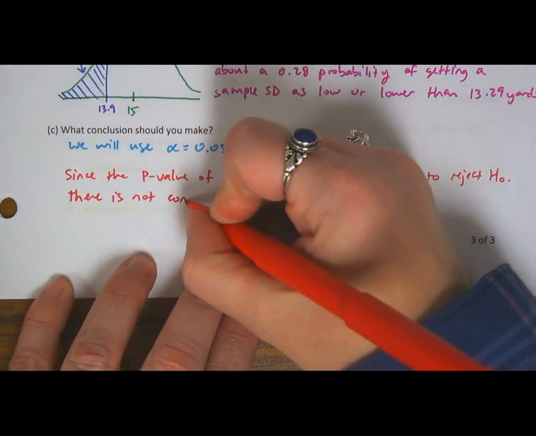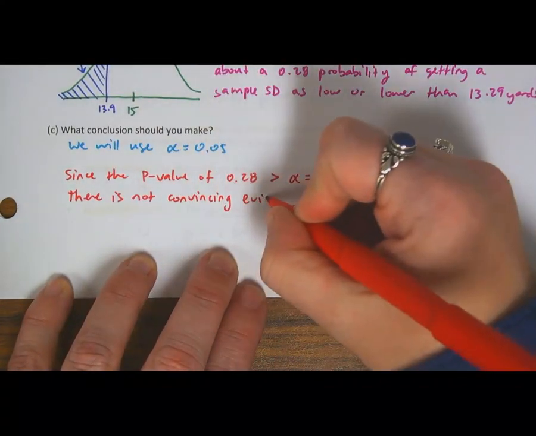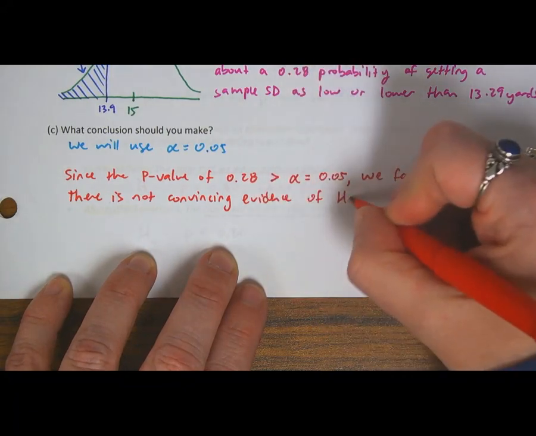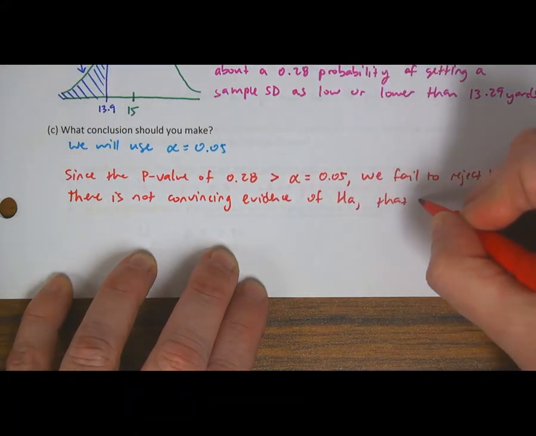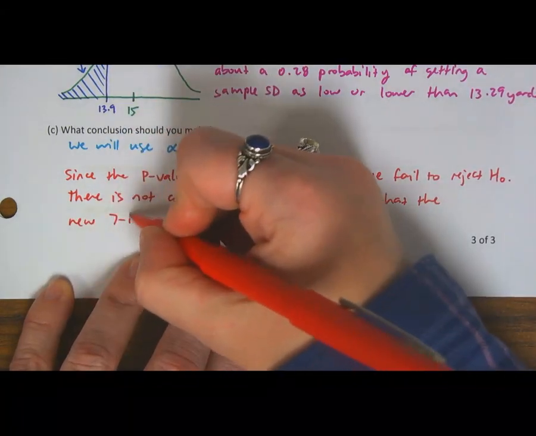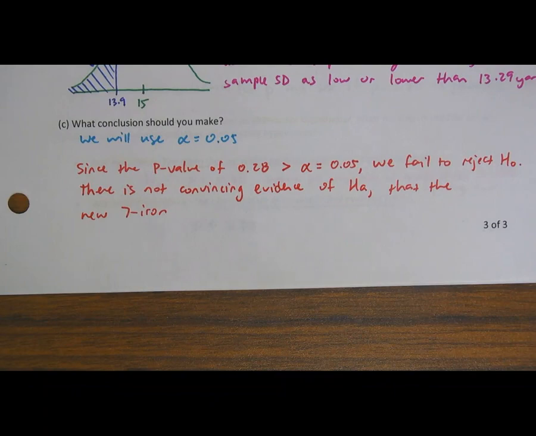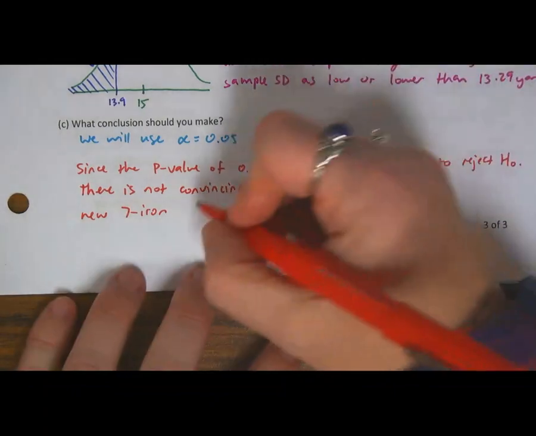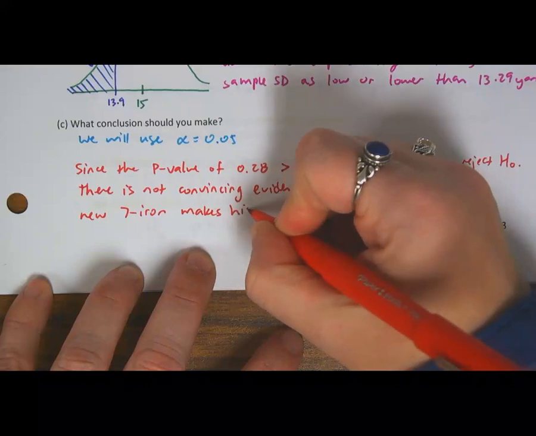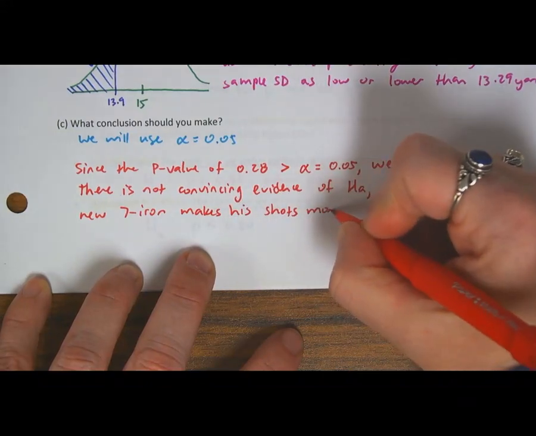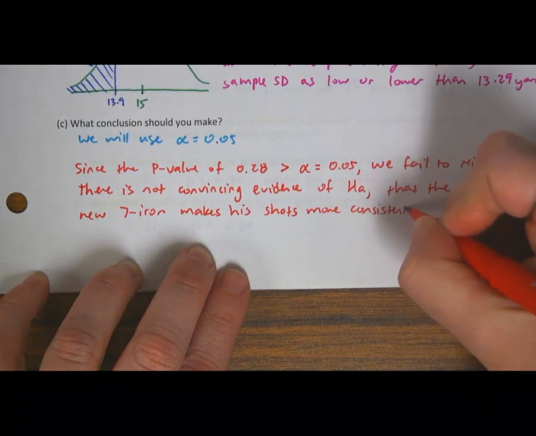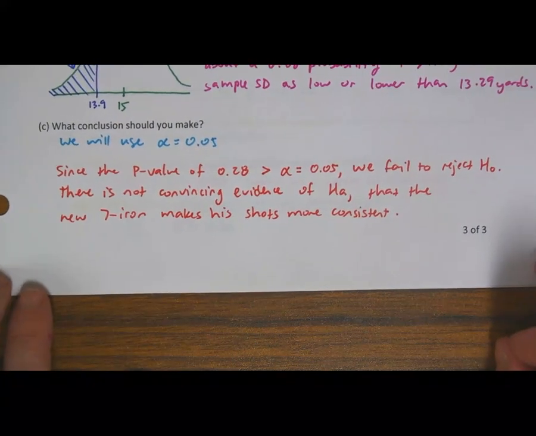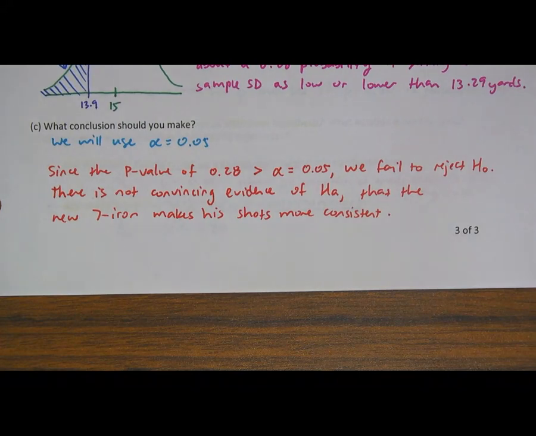There is not convincing evidence of HA, comma, that the new 7-iron makes his shots more consistent. If you wanted to throw in there, the new 7-iron doesn't lower his standard deviation, that's also fine. But this would be plenty, just putting it in context there.